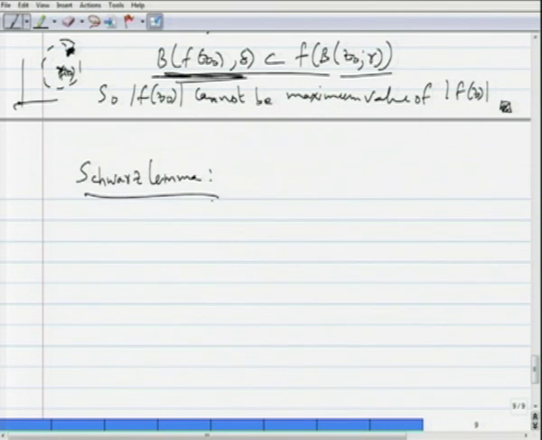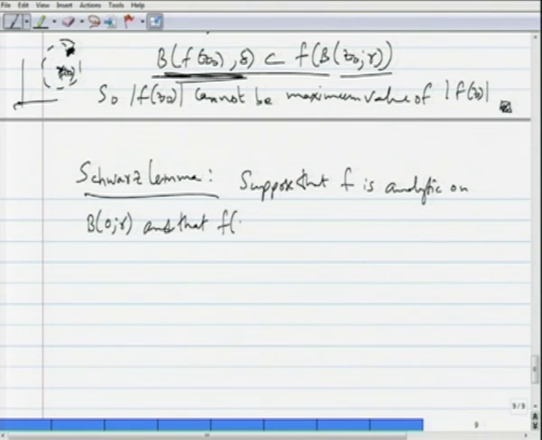So, the Schwarz lemma is an application. So, here is the Schwarz lemma. Suppose that f is analytic on B of 0, r, a disk of radius r centered at 0, and that f of 0 is equal to 0, and that the modulus of f of z is at most capital M for z belonging to the closure of B of 0, r.